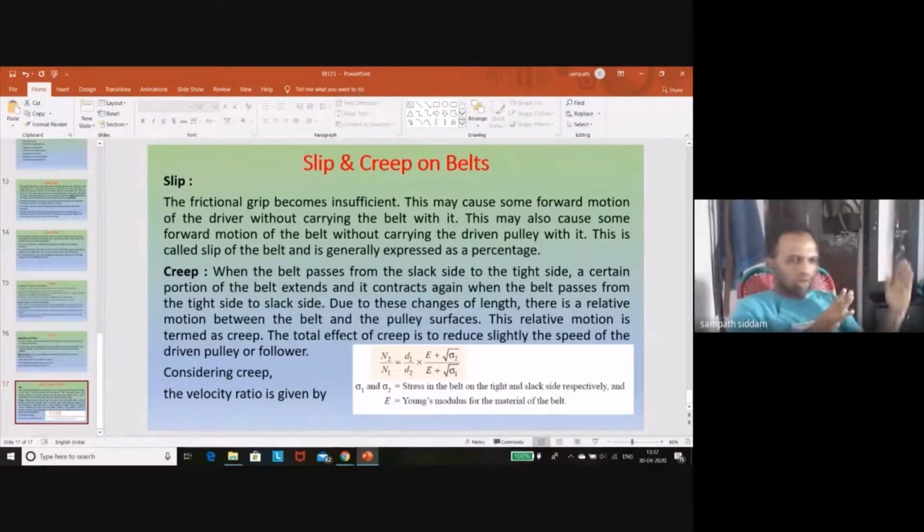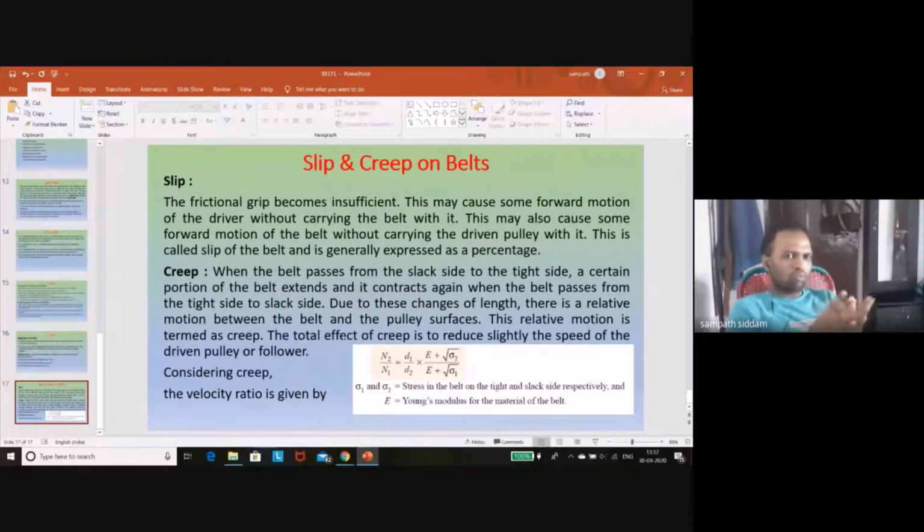If you just recall, slip in reciprocating pumps is the difference of your actual to the theoretical rate of flow, where the actual one is the practical case and the theoretical one is Q = ALN by 60.